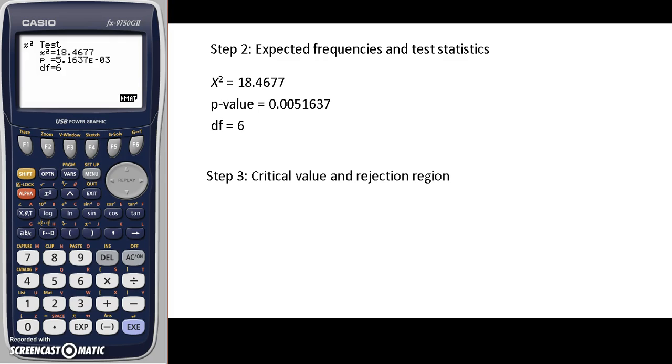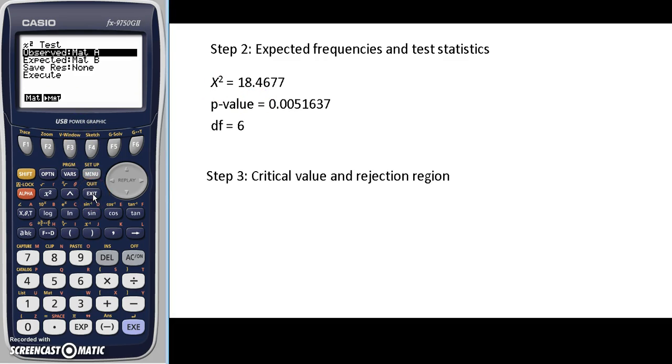Okay, we've got that. We're going to go on now and calculate the critical value and the rejection region. So to do this, we need to exit out, come to distributions. It's a chi distribution. Inverse chi will give us the critical value. We check that data is on variable. The area that we enter here is our alpha value, which is entered already in this case as 0.01, which is what we want.